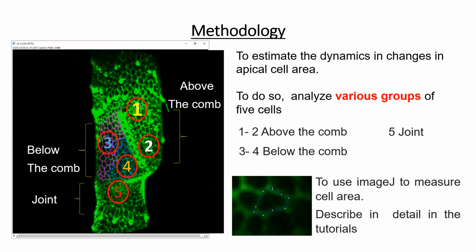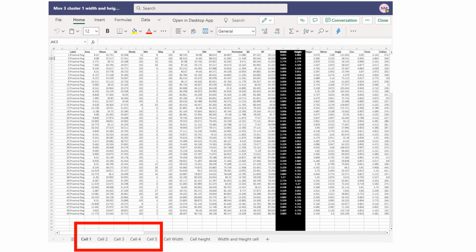Now I'm going to show you what you will find in each one of the Excel tables. In the Excel table, Malcolm, Jaden, and Chris already collected some of the data for you, so it's easier. Here you will find cell 1, cell 2, cell 3, cell 4, and cell 5. And ImageJ already gives you a lot of information. For example, here you can see the area, and this is the data that they took.